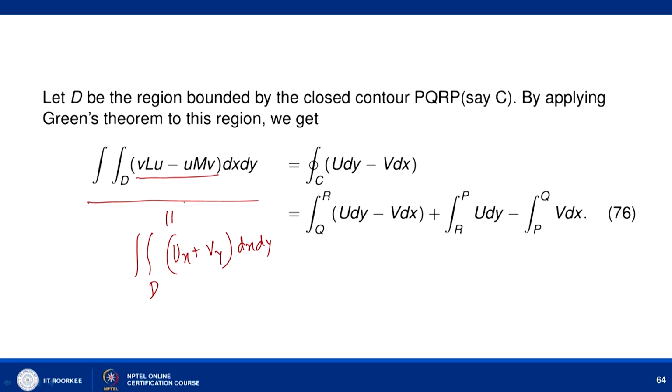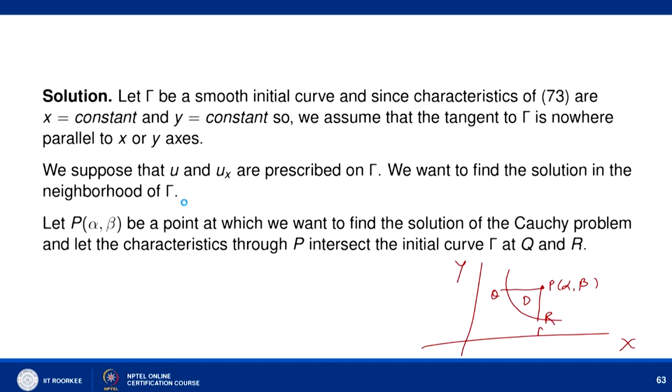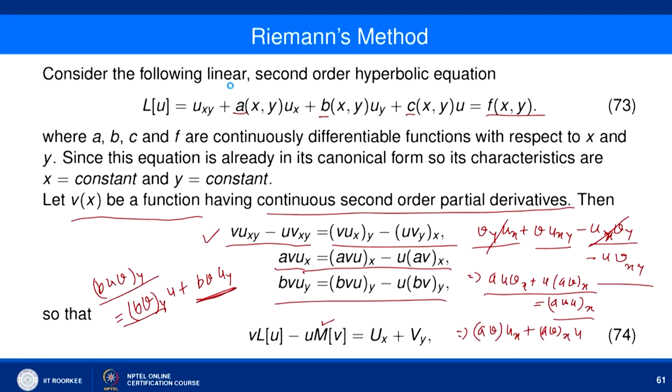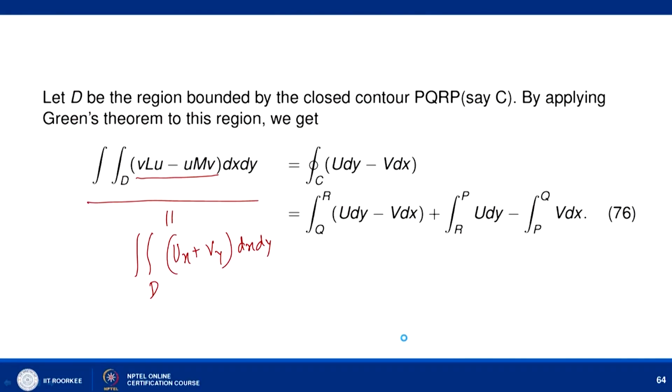So this is where we have utilized the following property, that vLu minus uMv equals ux plus vy. So here we have written ux plus vy. Now we apply Green's theorem and we can write this as the integration of u dy minus v dx.